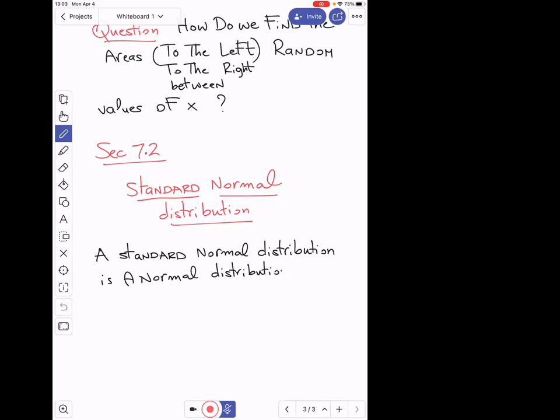Okay, so it has the same properties as the normal distribution, bell-shaped graph with the highest point at the mean, etc., etc.